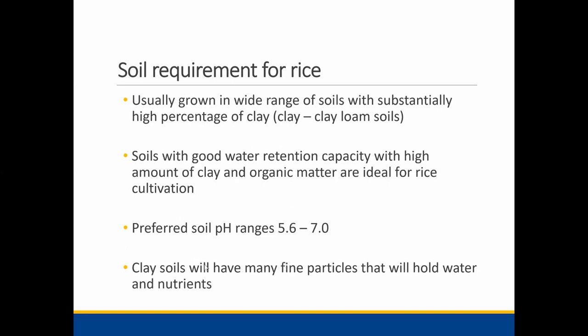You may have studied in soil science a parameter called cation exchange capacity, CEC. When you have more clay particles with organic matter, the CEC of the soil will be high, which is very preferable for rice cultivation.